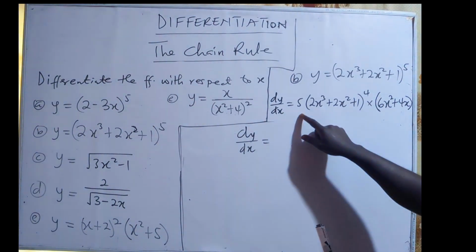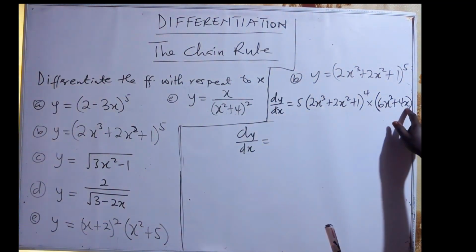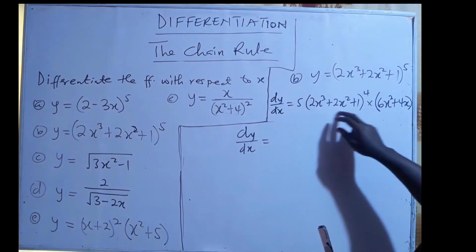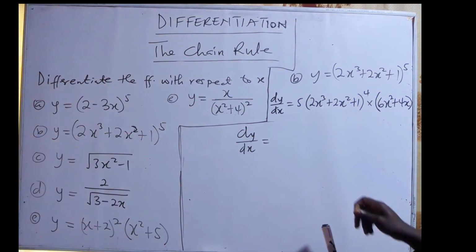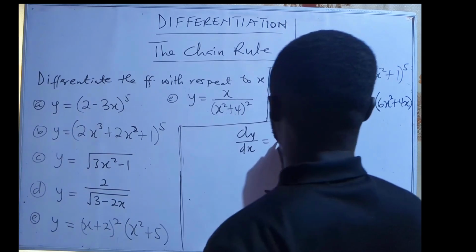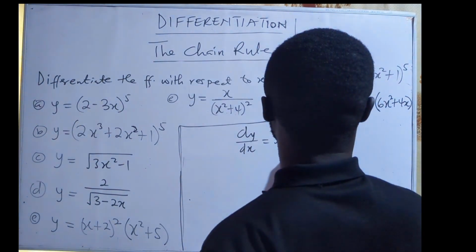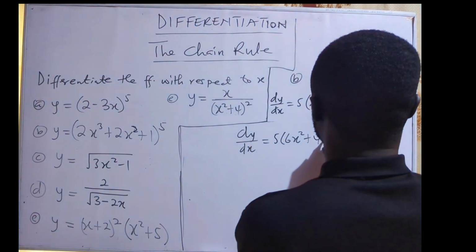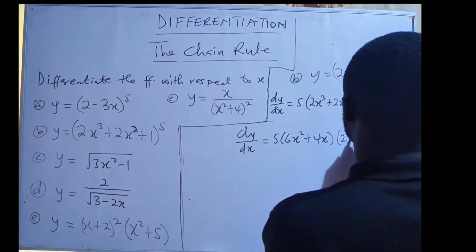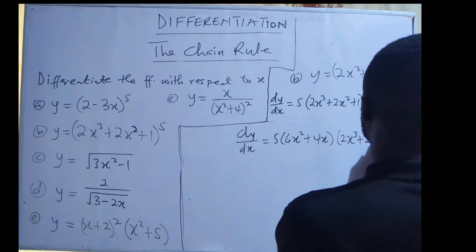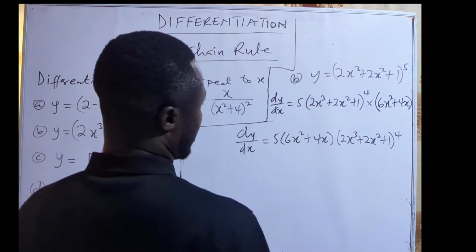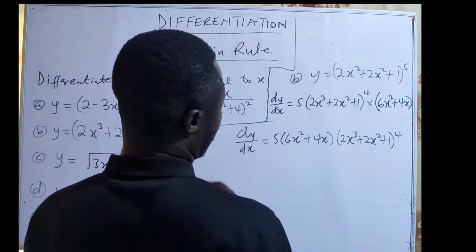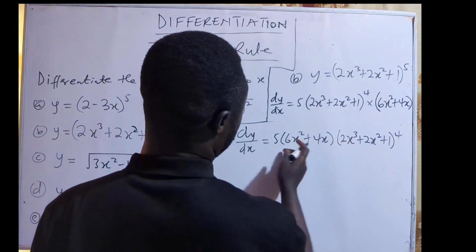After that, I can say my dy/dx is equal to what? You can multiply the 5 by this. Since this is already exponent 4, I can take the 5 and multiply by this. So I will have 5 multiplying (6x squared plus 4x) into bracket (2x cubed plus 2x squared plus 1) exponent 4. Then finally, if you like, you can expand.